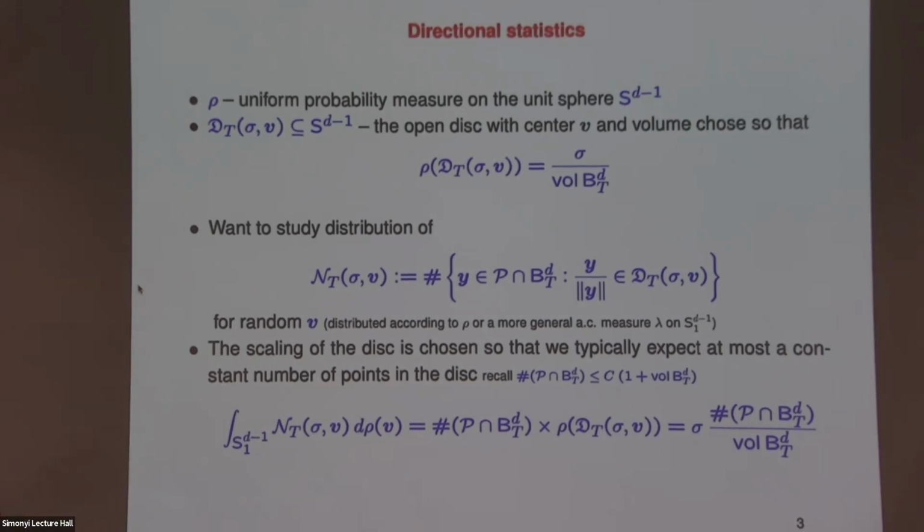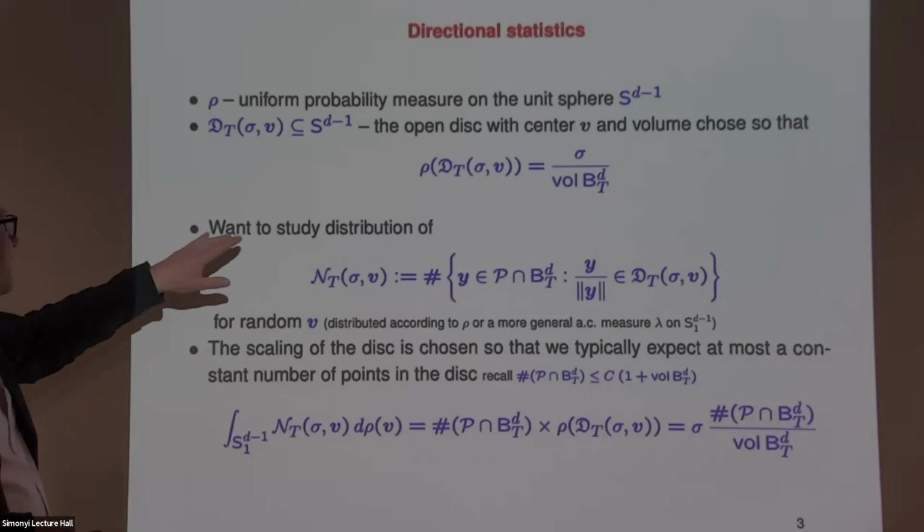I want to scale the disk in such a way that that probability has a good limit, which means I need to make the disk so small that the expectation value of the number of points that I can find in there is finite. And this is done in the following way.